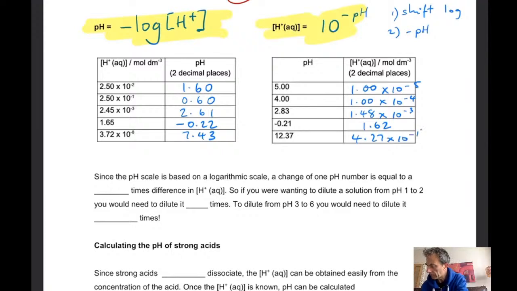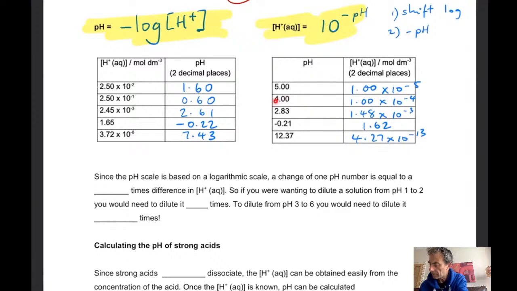So I hope you got all of those correct. I'm sure you did. Now, the reason why I use some of these numbers is because, certainly these two here, you can see that this is a difference in pH of 1 unit, isn't it? pH 5, pH 4. So that's the stronger acid, isn't it? The lower the pH number, the stronger the acid.